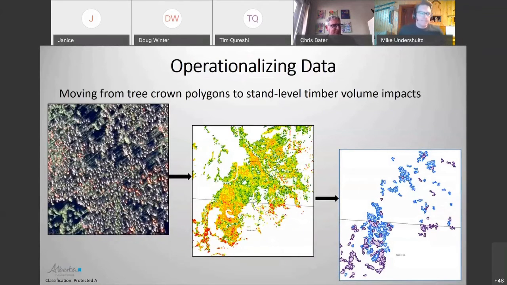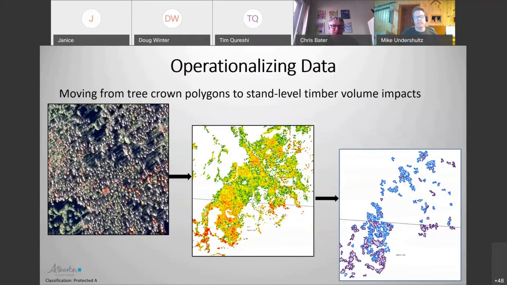Yeah, thanks, Chris. So now the trick was, how do we use this information? What we had to start with was these polygons, which gave us a crown area of mortality. From knowing a little bit about mountain pine beetle, we know that pine beetle preferentially attacks the largest trees in the stand.